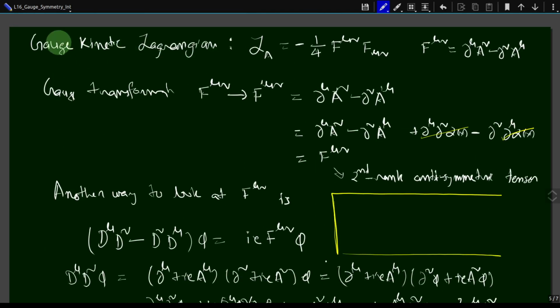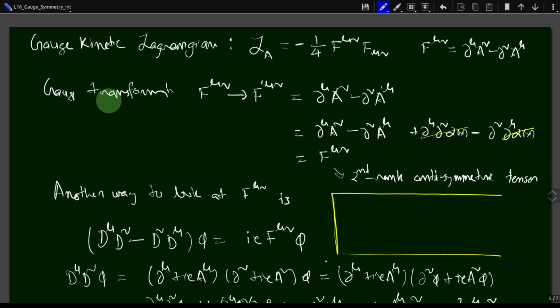The gauge kinetic Lagrangian, which we already know from other courses, is given by -1/4 F mu nu F mu nu, where F mu nu is del mu A nu minus del nu A mu, and where A mu is a 4-vector, whose 0th component is the scalar potential and the other 3 components are the vector potential from electrodynamics.